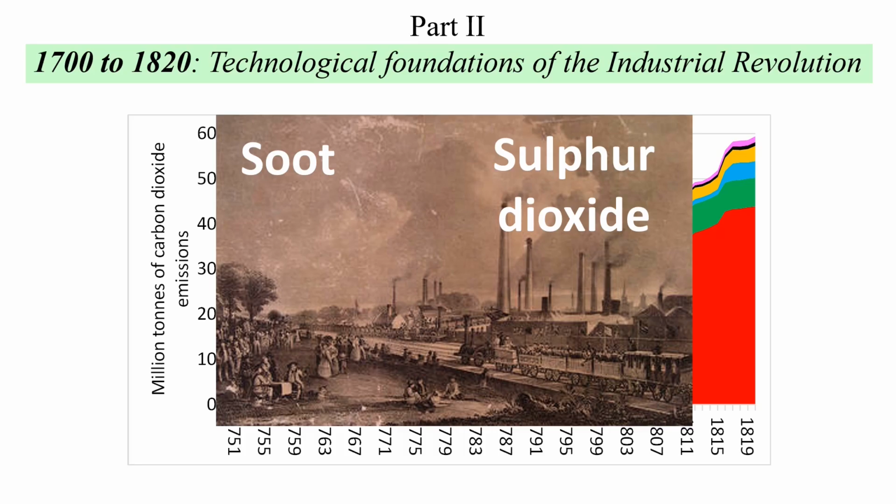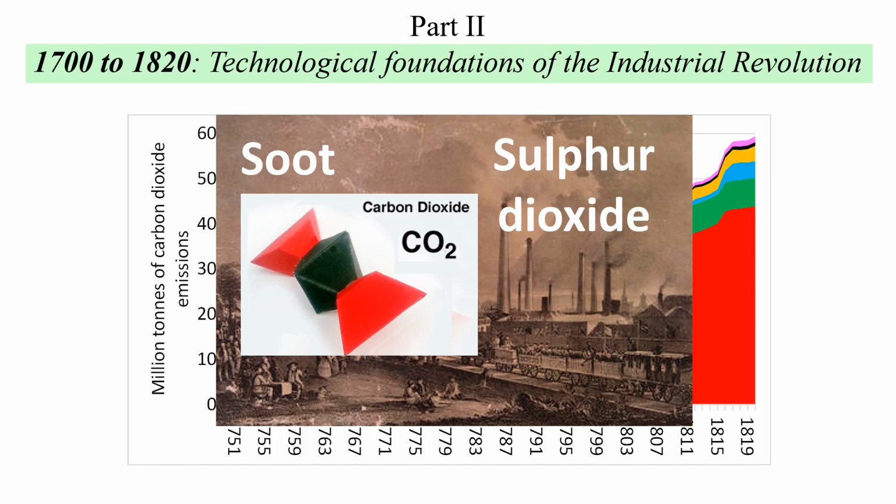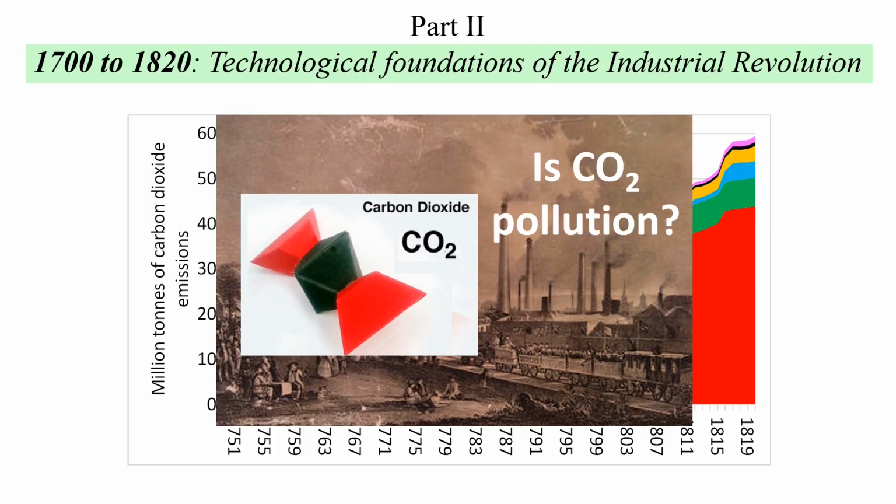But what no one talked about, because it was basically invisible, was the emission of carbon dioxide. Though we know today that carbon dioxide in the atmosphere is largely responsible for climate change, a bit more of this gas in the atmosphere has no direct negative effects on human health. We would have to wait almost 2 centuries before discovering the effects of this invisible carbon dioxide on the climate.